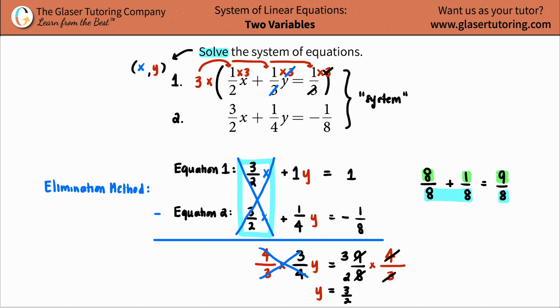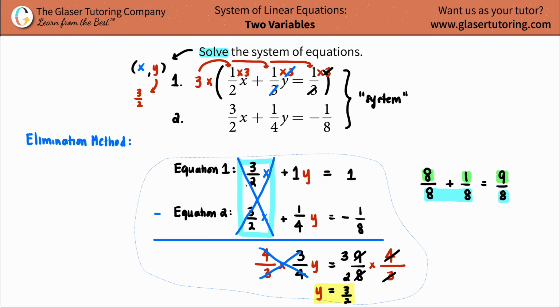And now we have one part of our coordinate. We know that the y is going to be 3 over 2. So one part of the piece done. Now we still have to find that x value. But let me just clean this up a little bit. We're going to bring this over.